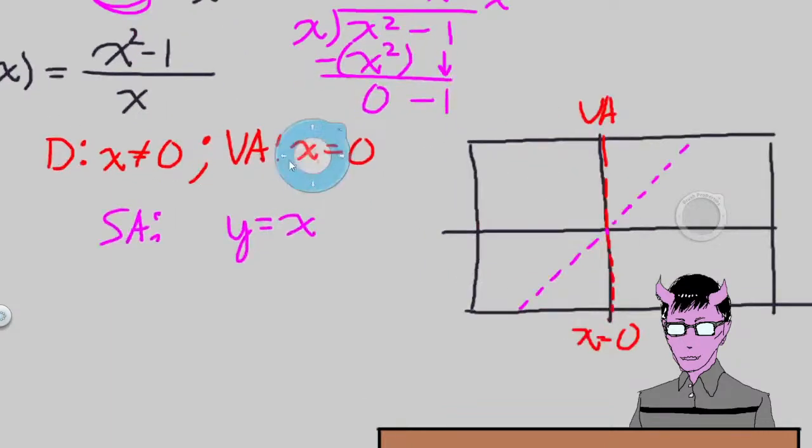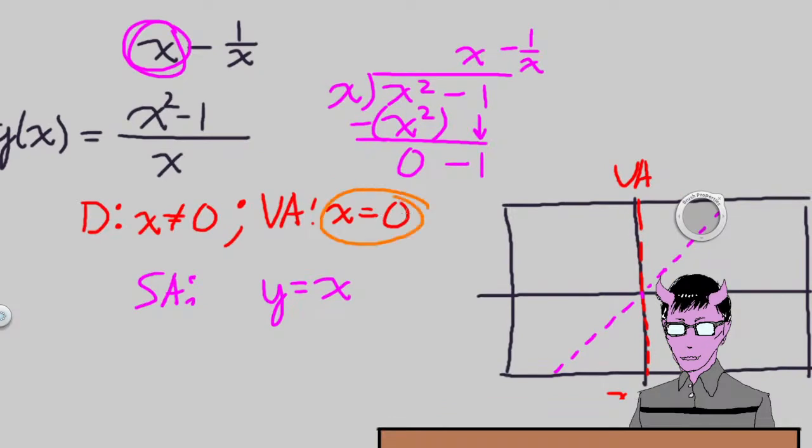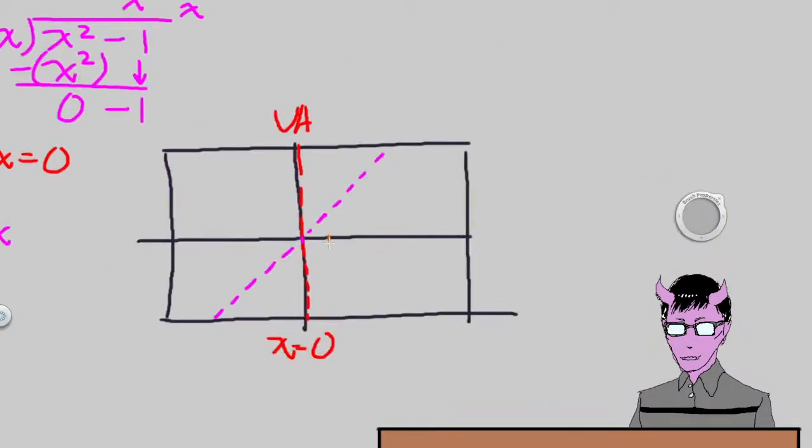So how do we graph this situation? We're going to plug in 1 point away from the vertical asymptote, which is at 0. So we plug in 1 here, so 1 minus 1 is 0. 0 over 1 is 0. So if we plug in 1, we get 0. So here-ish.